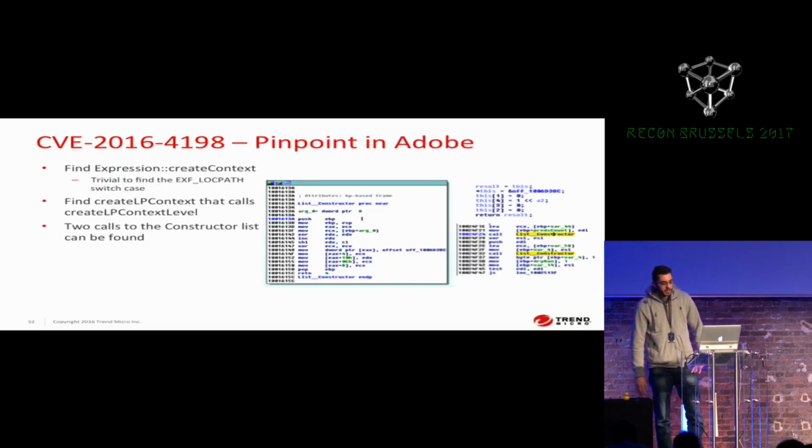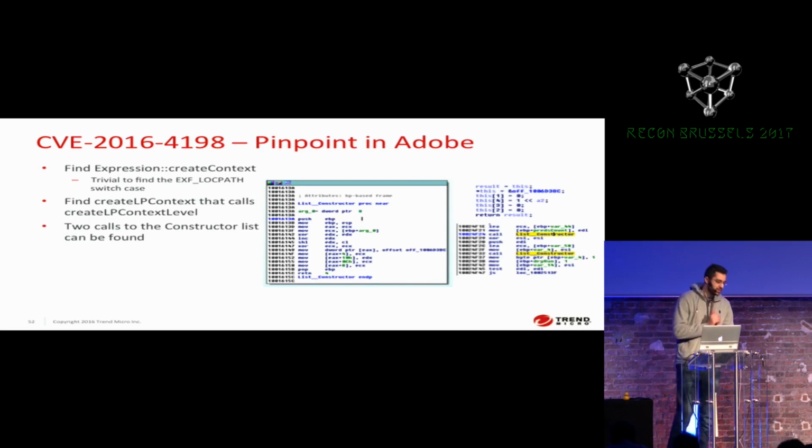All right, so pinpointing this one in Adobe is not really straightforward. First, we have to find create context, and from there, we will be able to find create LP context level. That function calls a function twice. I called it this constructor. If you decompile it, you're going to see that it matches the Sablotron code exactly, and nothing has been changed there too.